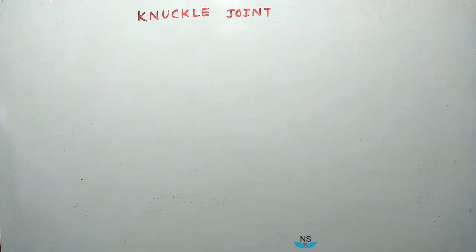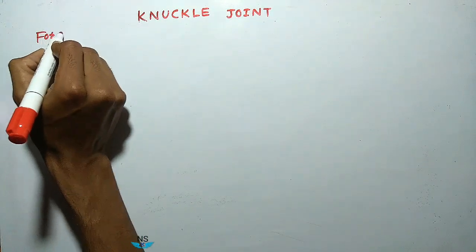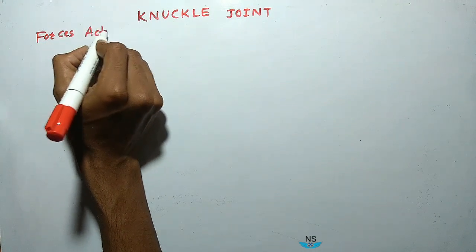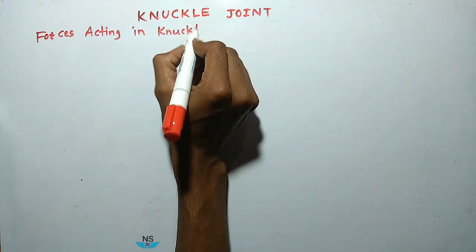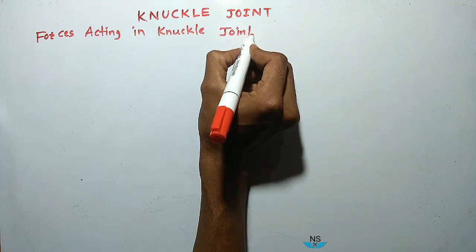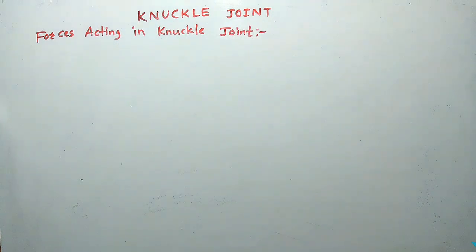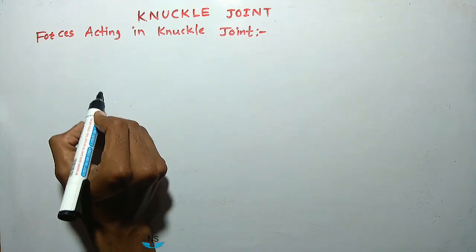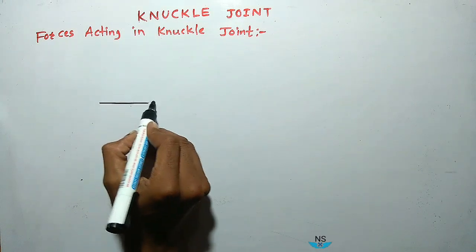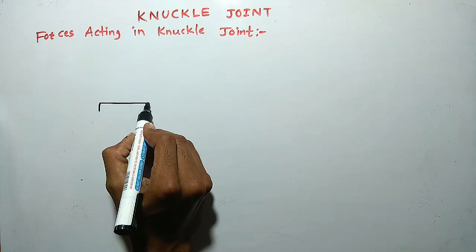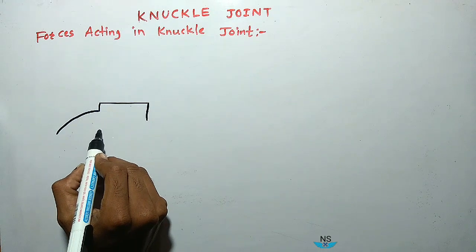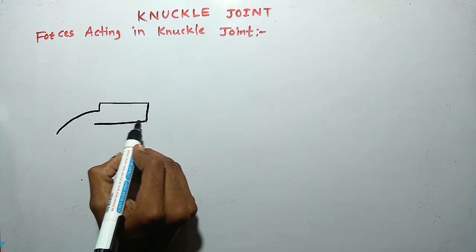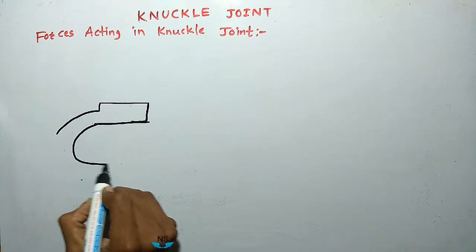Now let us see the forces acting in the knuckle joint. Now let us draw. This is the fork.